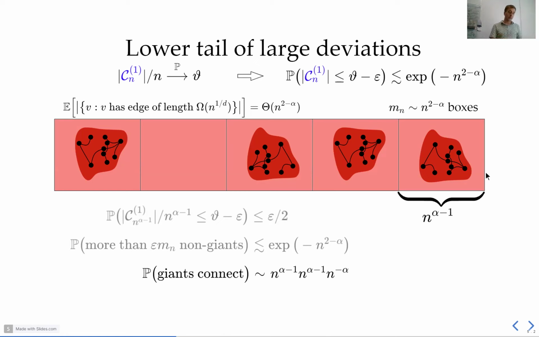What we see is that this is equal to n to the minus 2 minus alpha. So similarly to what we saw in the Erdős-Rényi case, this is bigger than any constant lambda over the number of boxes. And this lambda here we can tune by tuning the box size appropriately.